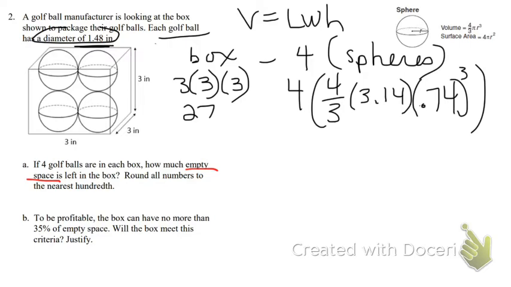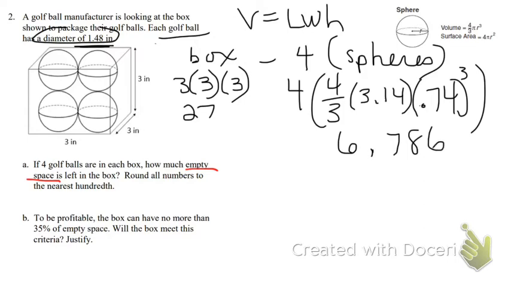And now just put all that into your calculator. 0.74 cubed times 3.14 times 4, divide by 3, and multiply by 4 because there are 4 balls. And I get that the volume of all of the golf balls is approximately 6.786.